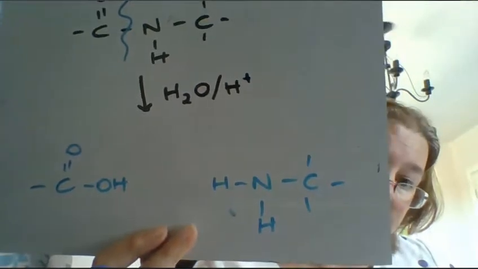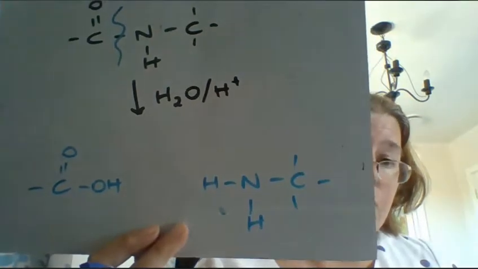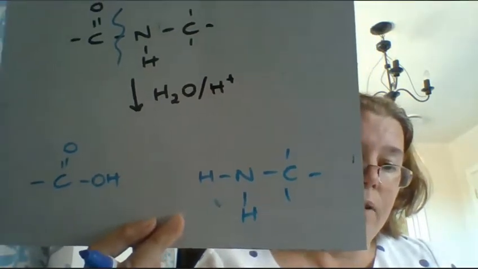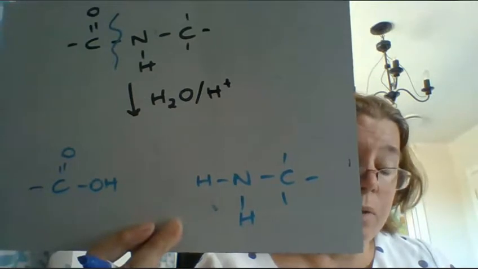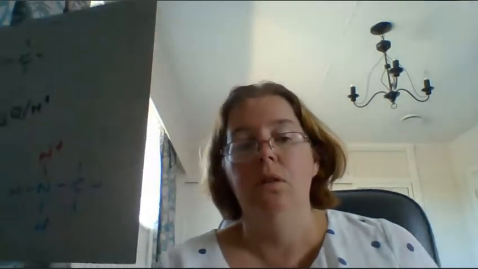Now, this is in acidic conditions, so an amine is a base, it's going to react with an acid. How does a base react with an acid? Well, it reacts with an acid to accept a proton. Where does that proton go? It goes onto the nitrogen, just like so.